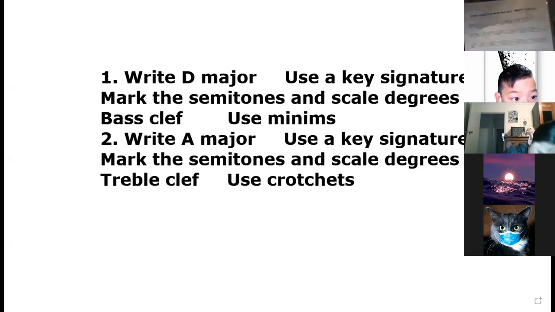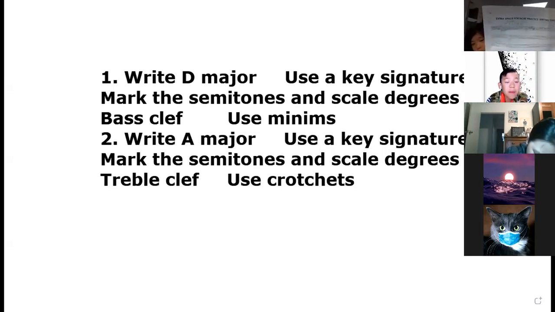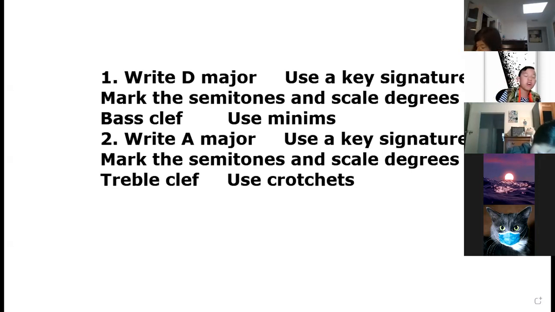Yep, Abigail, your D major looks a lot better. Check the key signature for A major. So remember what I said? The G sharp, it goes up, not down.